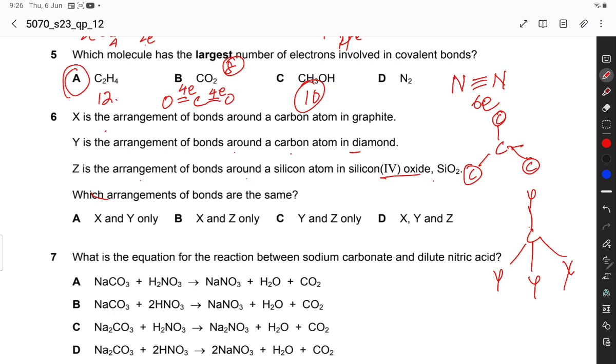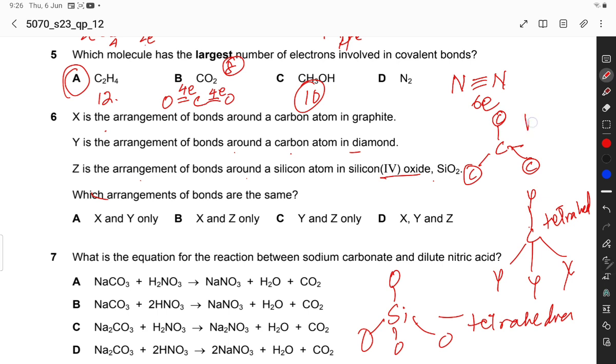Y has 4 bonds, and around the silicon in silicon(IV) oxide, this is silicon, O and O. Silica has a tetrahedral arrangement, and diamond also has tetrahedral. Graphite is hexagonal.